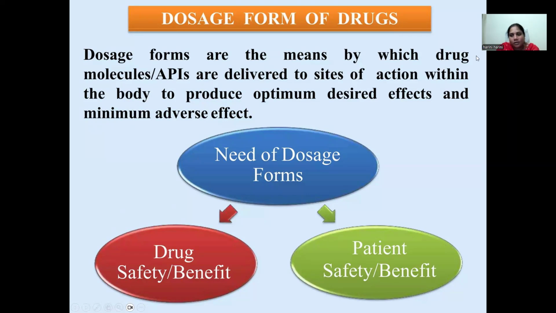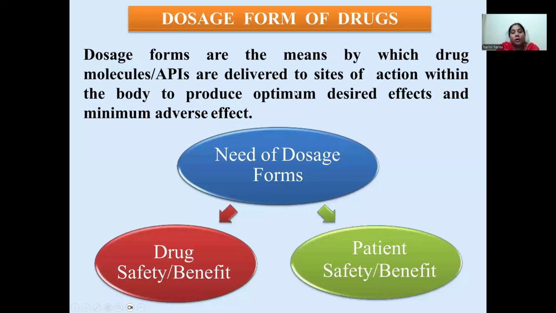So drug molecules are nothing but the ingredients which are used to decrease the disease. For example, if you are taking Dolo 650, the main drug molecule in it is paracetamol. So likewise, the main ingredient which is used to treat the disease is called as active pharmaceutical ingredient or drug molecule.